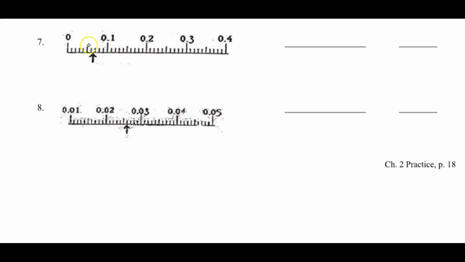So this right here is 0.05. This is 0.06, and this is 0.07. So I'm right between 0.06 and 0.07. So what do you think, 0.065? I think that sounds pretty good. Only 2 sig figs in that measurement though, because I was guessing that place value. These are all your placeholders.